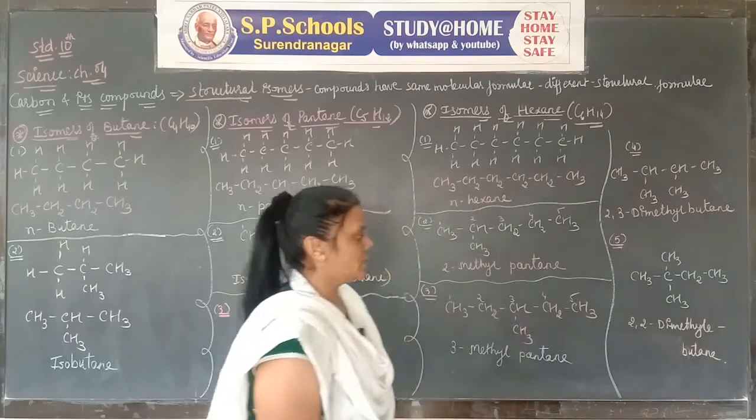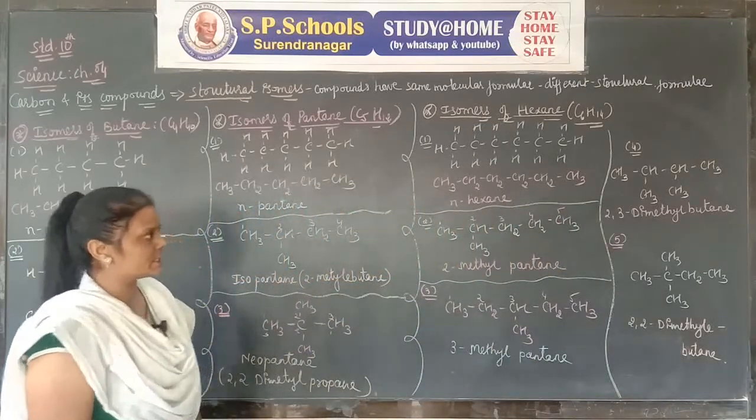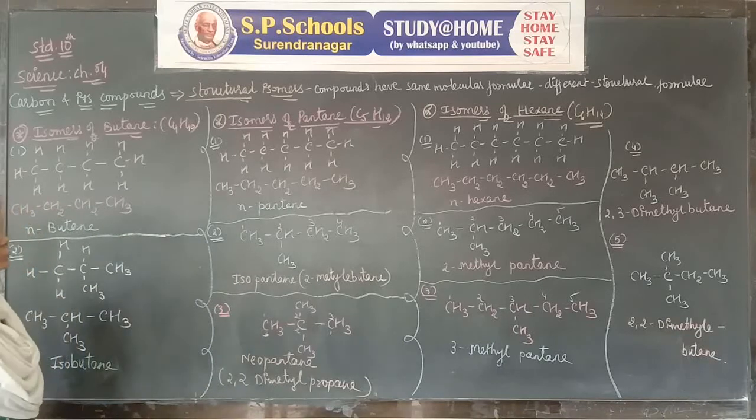So what will we see in this session? What are structural isomers? Compounds which have the same molecular formula but different structures are called structural isomers. We give examples for butane, pentane and hexane. Isomers of butane will be n-butane and isobutane. Isomers of pentane will be n-pentane, isopentane and neopentane.